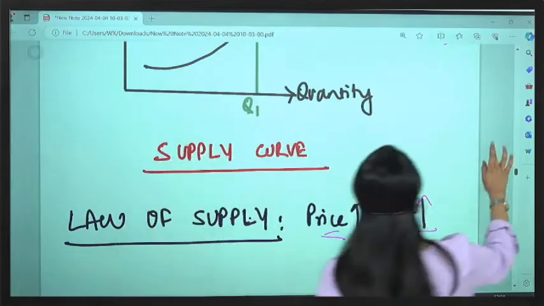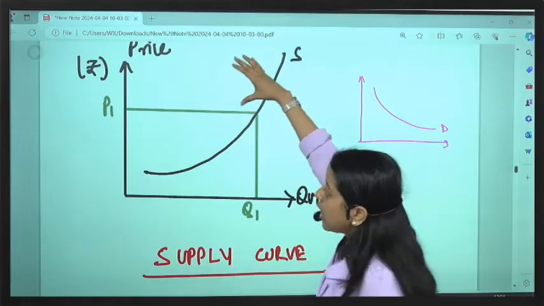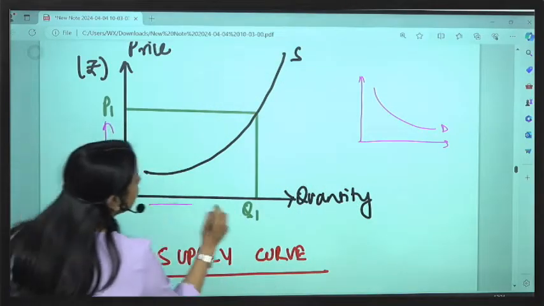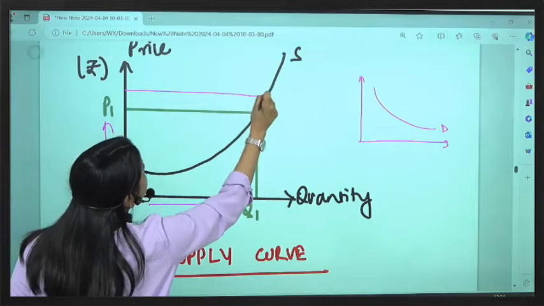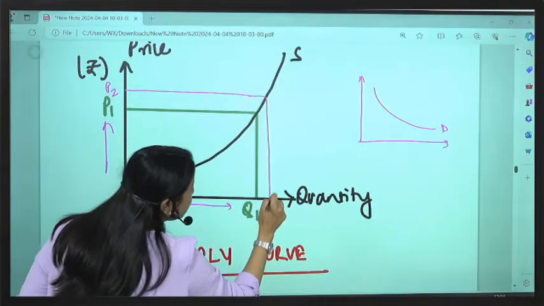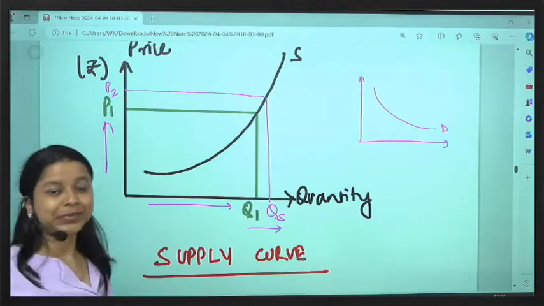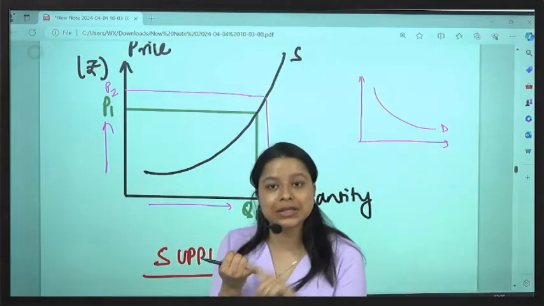So this is your law of supply, and that is why the supply curve is upward sloping. By that we mean that if the price increases, the quantity supplied will also increase. For example, if my price goes up to this level of P2, then my quantity supplied will now increase to QS, right? This is because the firm wants to increase their profit.